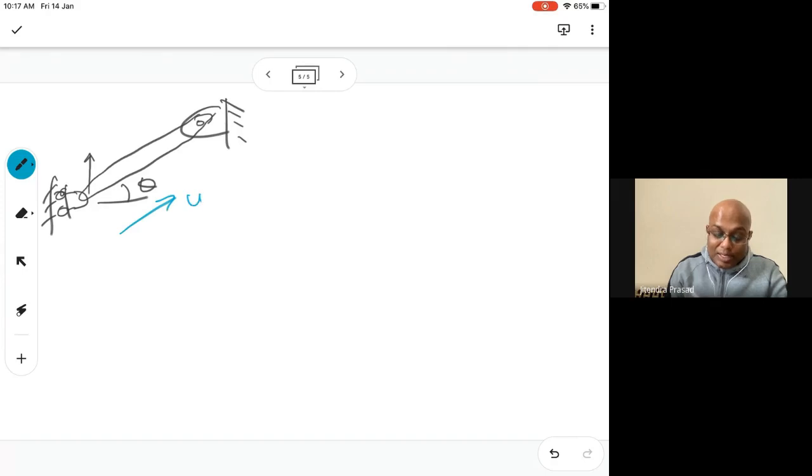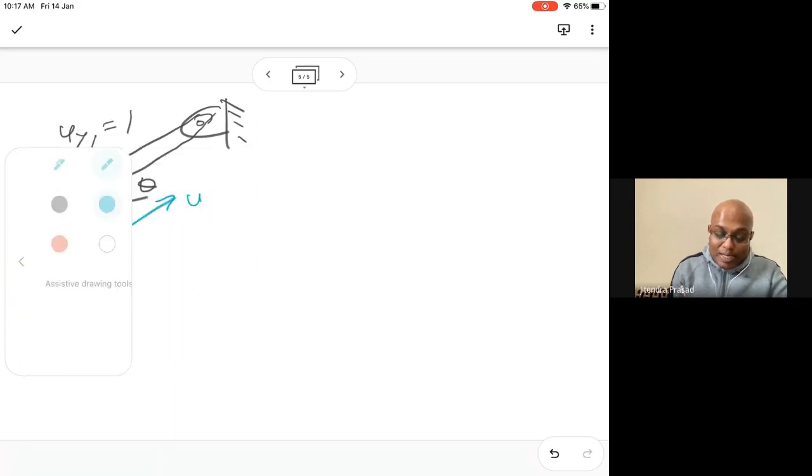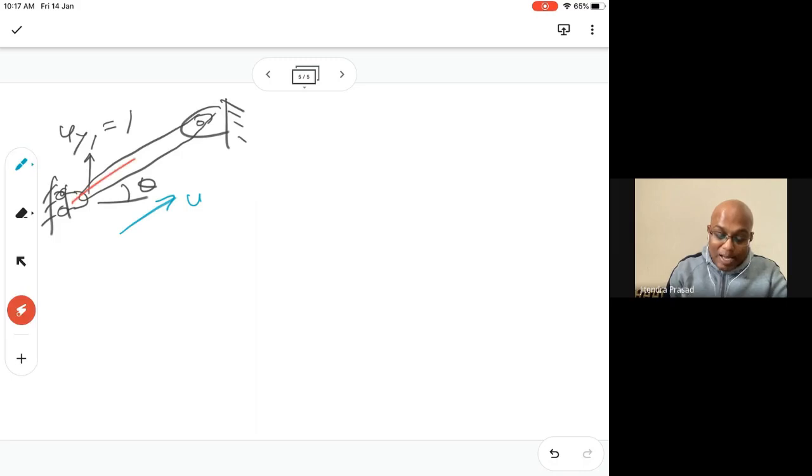Let me write here u y1 equal to 1. If that is the case, then the displacement in the direction of the bar will be equal to u y1 multiplied by sine theta. Why sine theta?